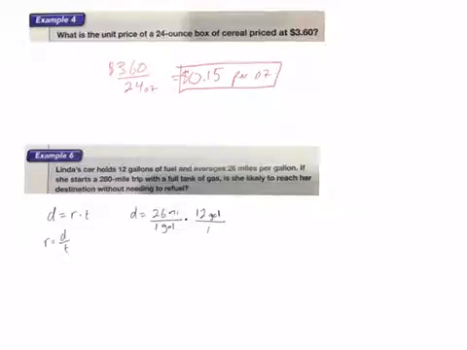So the gallons will reduce, and we just need to say 26 times 12, which gives us 312, and my unit is just miles. So on her 12 gallons of gas, getting 26 miles per gallon, she can go 312 miles.